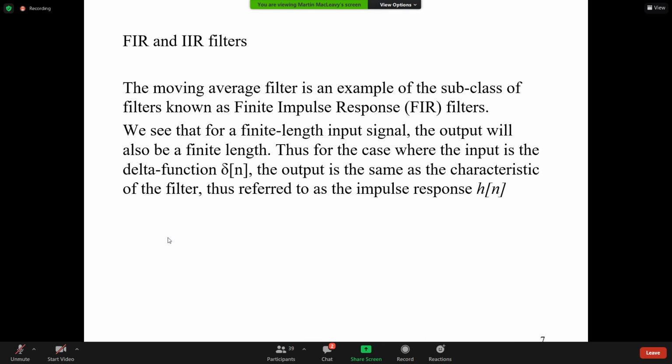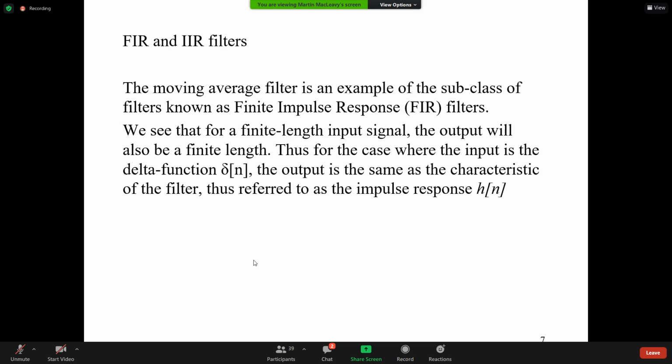Okay, so this moving average filter is an example of the subclass of filters known as finite impulse response. In other words, these filters just have a finite set of coefficients, and therefore, as long as your input signal is finite, your output signal will be finite.